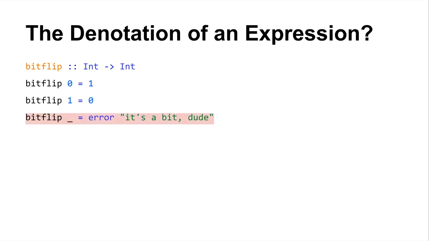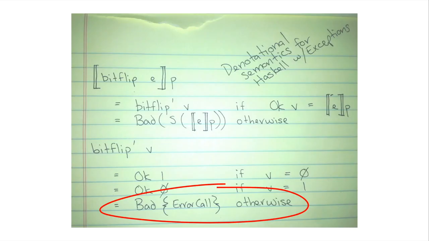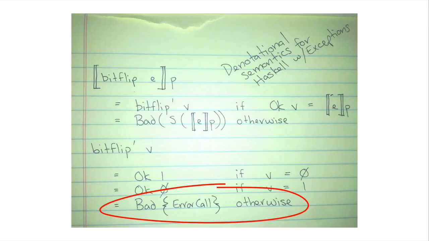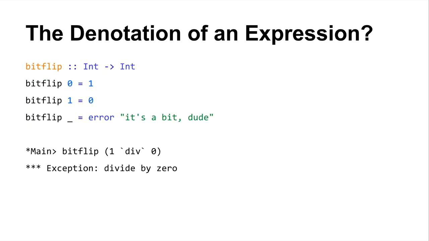So there's an implicit code path that you could follow that would result in non-termination, and that would be represented in the denotation of that function, even if you don't see it in your actual Haskell program, right? I could omit this right here, and you'd still see that if you were to write out bitflip's denotation.